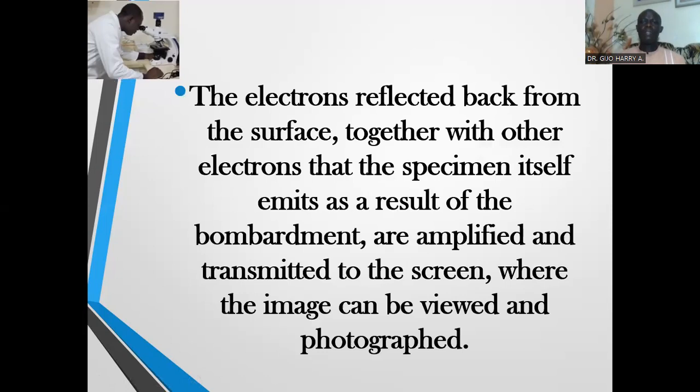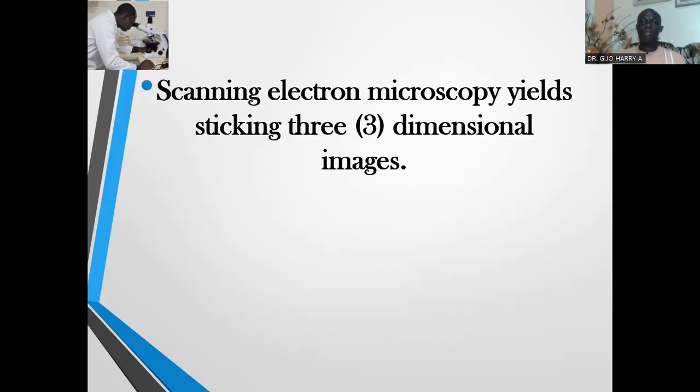The electrons reflected back from the surface, together with other electrons that the specimen itself emits as a result of bombardment, are amplified and transmitted to the screen, where the image can be viewed and photographed. That's the mechanism of how the scanning electron microscope works.